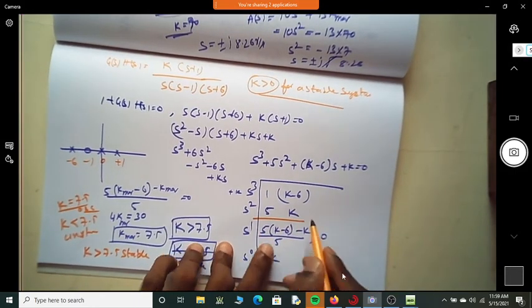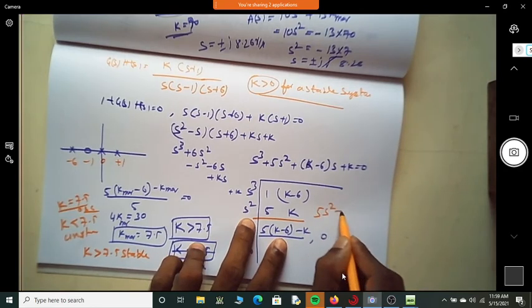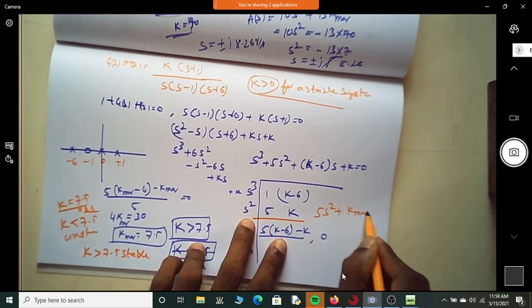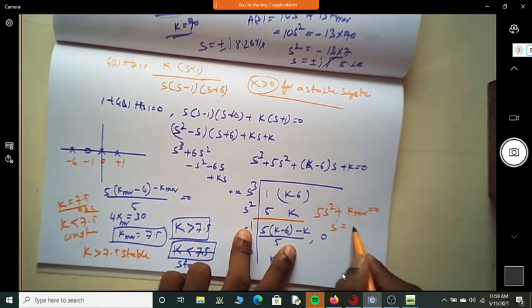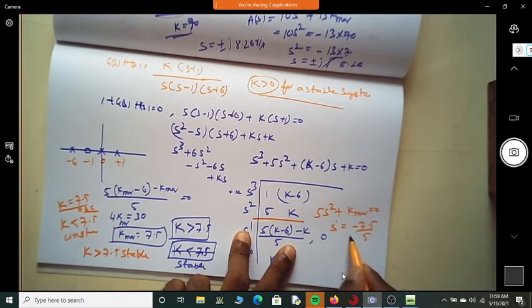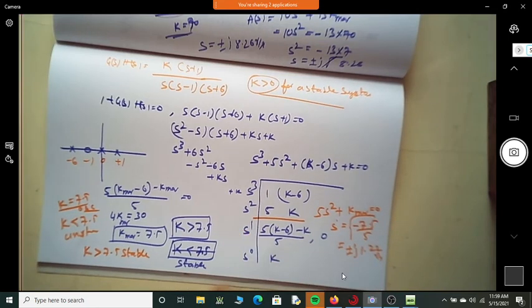Here you can see this will be 5s squared plus K margin equal to 0. Then s is equal to the square root of minus 7.5 by 5, is it actually plus or minus j 1.22 radian per second.